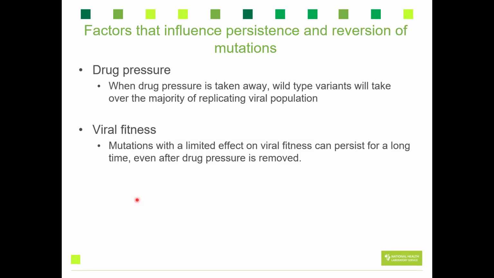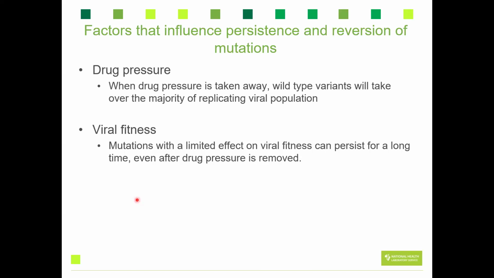Okay. So they are still there, but it's not the actively replicating virus. Okay. Same for K65R. If you, on the other hand, have the K103N, an NNRTI mutation, it doesn't impact viral fitness. And this is exactly why we sometimes see patients that have not been exposed to efavirenz or nevirapine for years on end, but when we do a resistance test, we still see the K103N mutation.